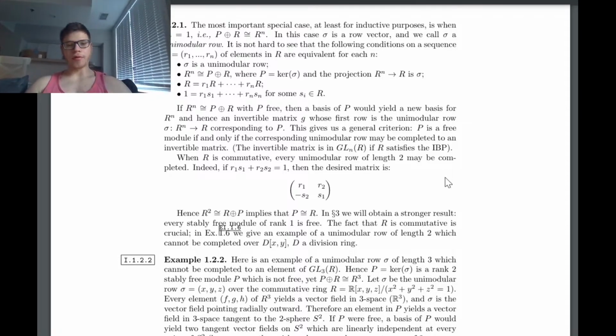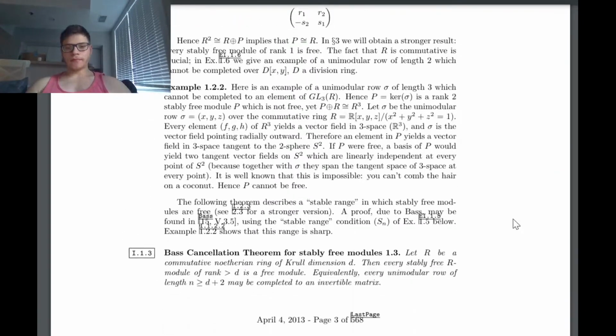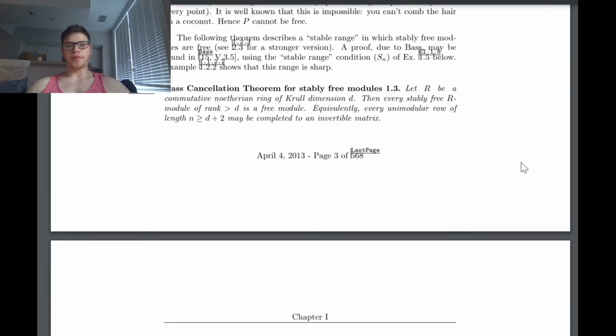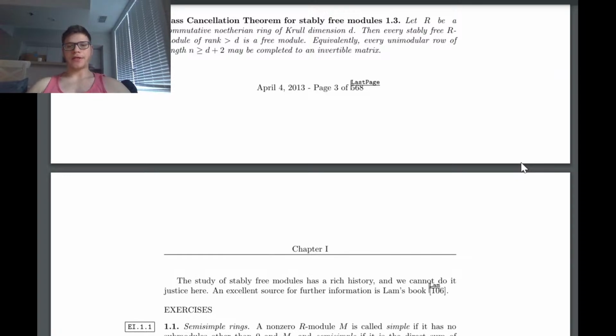Yeah, so moving on. I don't actually care about this stuff, so let's just move on to Bass cancellation theorem for stably free modules. Let R be a commutative Noetherian ring, so every non-empty set of ideals has a maximal element.